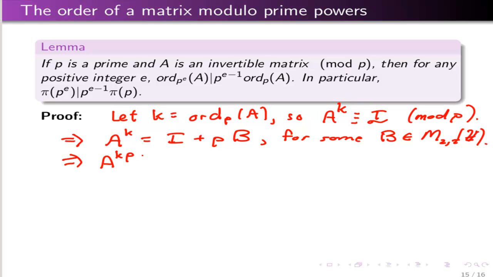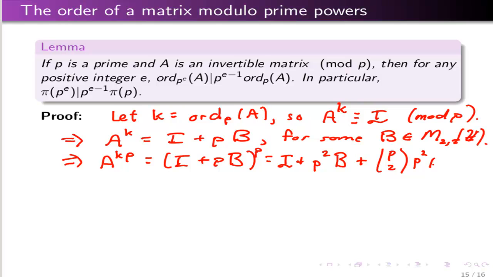So A to the K, to the p, is I plus pB to the pth power, and we're just going to use the binomial expansion, and we get I plus p squared B plus p choose 2 times p squared B squared, plus higher orders, and view this mod p squared, and we get that this is congruent to identity mod p squared. And you continue doing this.